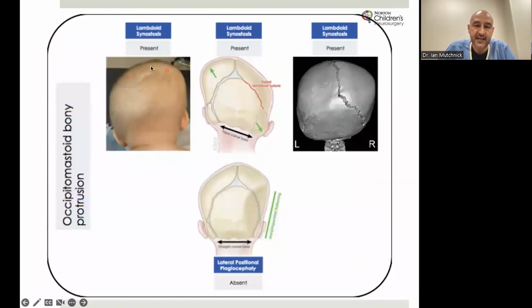So here is lambdoid synostosis. You can see the occipitomastoid prominences are uneven here. And here's a CT scan showing the loss of the normal lambdoid suture. In positional plagiocephaly, these occipitomastoid prominences are even, and there's just flattening.